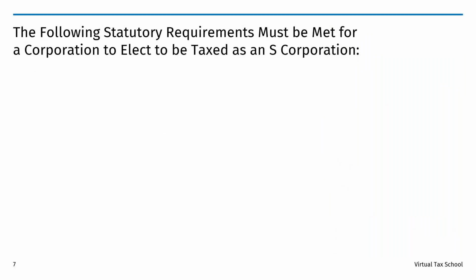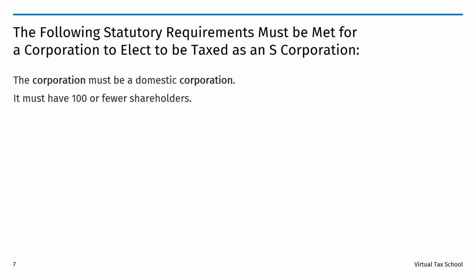Now, there are a few statutory requirements before a corporation can elect to be taxed as a subchapter S corporation. It cannot be a foreign corporation, it must be a domestic corporation, and it cannot have more than 100 shareholders, whereas a corporation can have an unlimited number of shareholders.